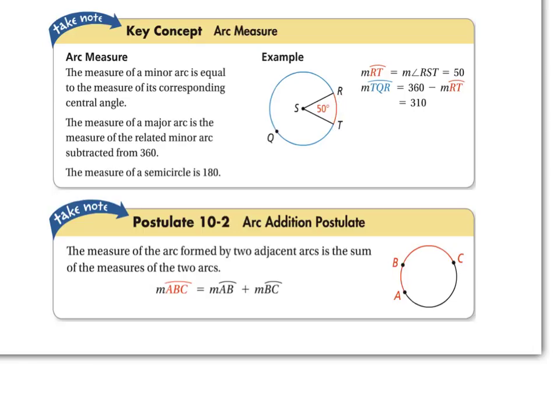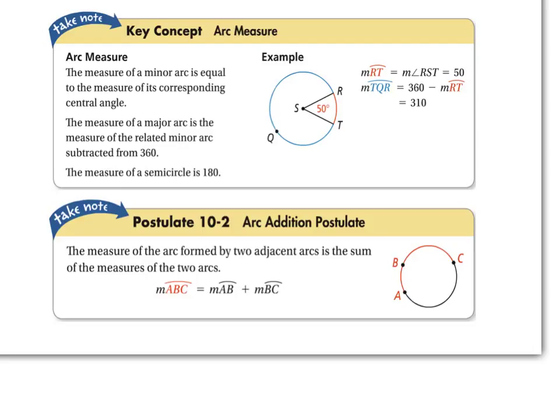Okay, the measure of a major arc is 360 minus the measure of the related minor arc. So in this case, if you look at TQR, arc TQR is what's left of the circle. Remember, there's 360 total degrees in a circle. If I take 360 minus arc RT, which in this case is 50, that gives me 310.